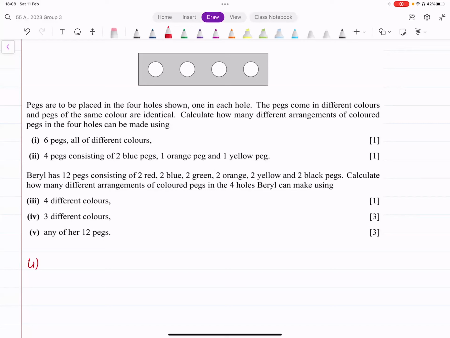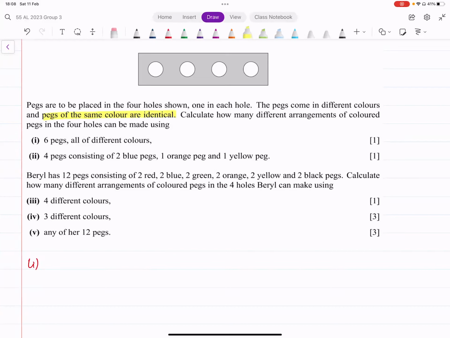The pegs come in different colors and pegs of the same color are identical. So it's given here that the pegs of the same color are identical. Yeah, that's what's given.